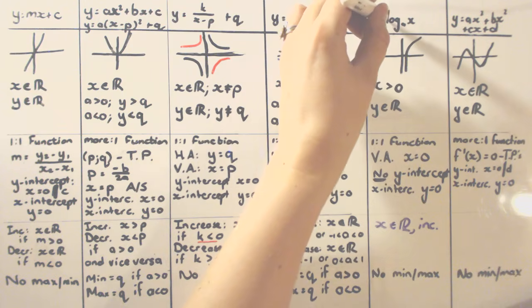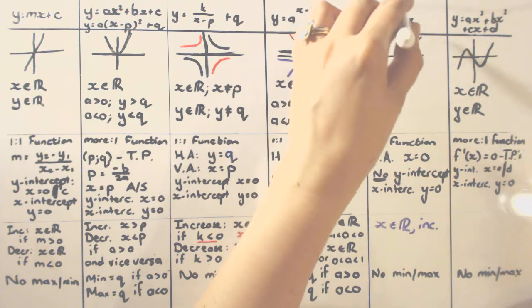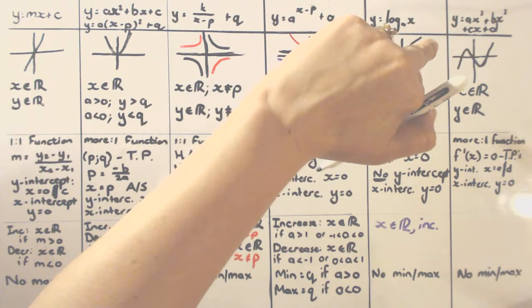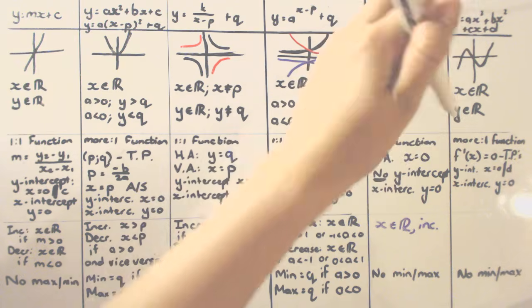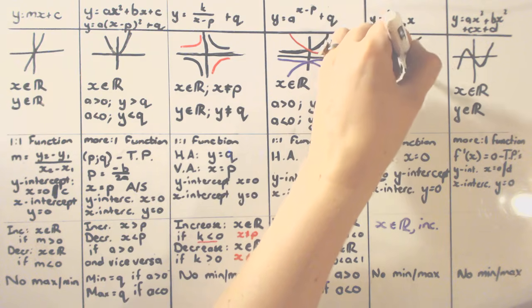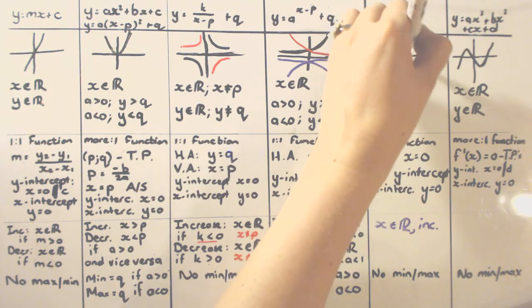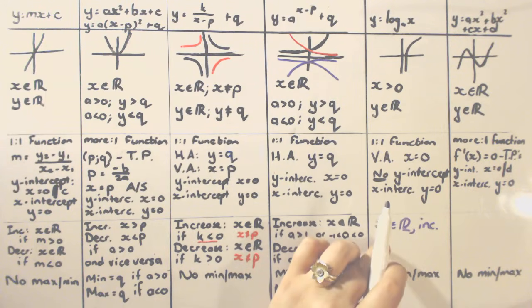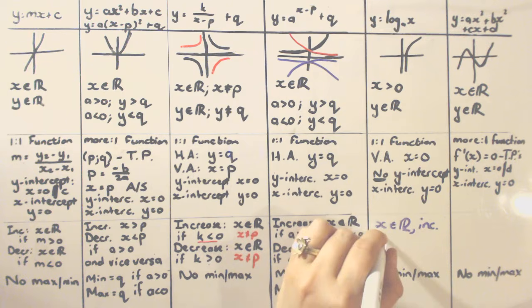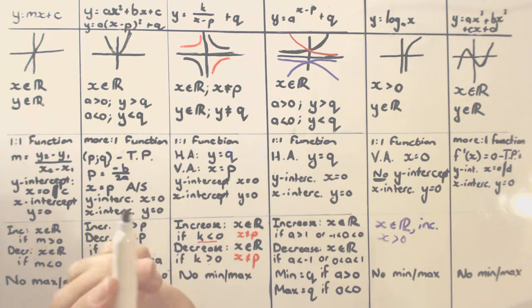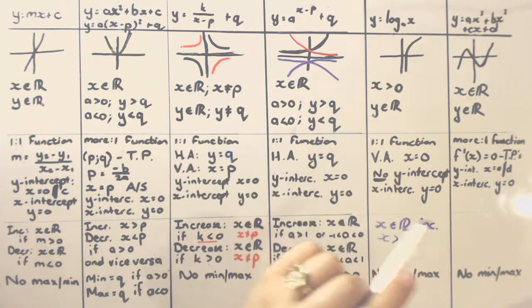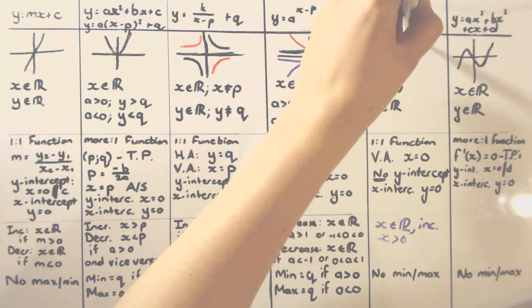But if I have the negative log x form, then I just made my y negative, so I reflected it in the x-axis, and then instead of increasing, it will decrease like that. So then you will say for all values of x bigger than 0, actually, because x is only bigger than 0, the graph will increase, or if it looks like this, it will decrease.